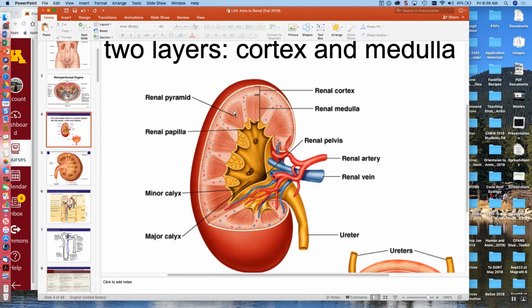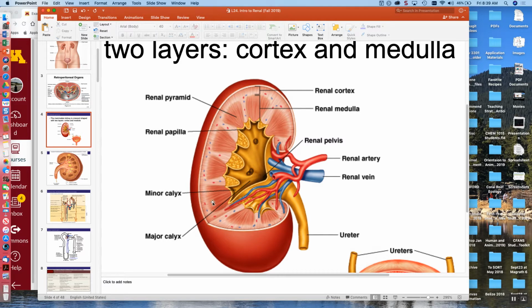Then that urine is delivered into this cavity right here. The first part of the cavity is called the minor calyx, that little area right next to the renal papilla. And then the urine flows into the major calyx, this larger cavity right here.